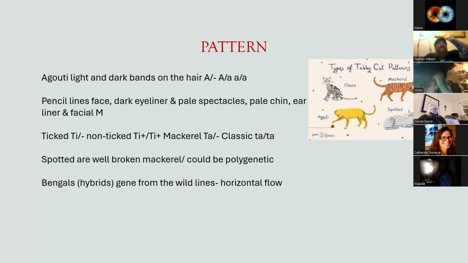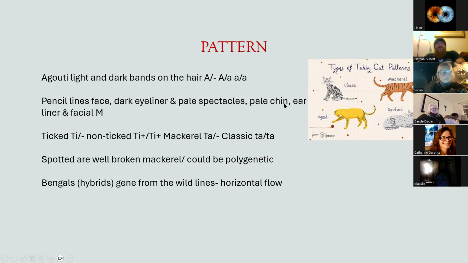Where the inner ear and the outer ear meet, you'll have a very fine, almost pencil line, in the Abys I think, a paler line in that V of the ear, and that's the tabby gene at play. We also see very commonly the pale area around the chin, potentially the lips, potentially the nose as well.